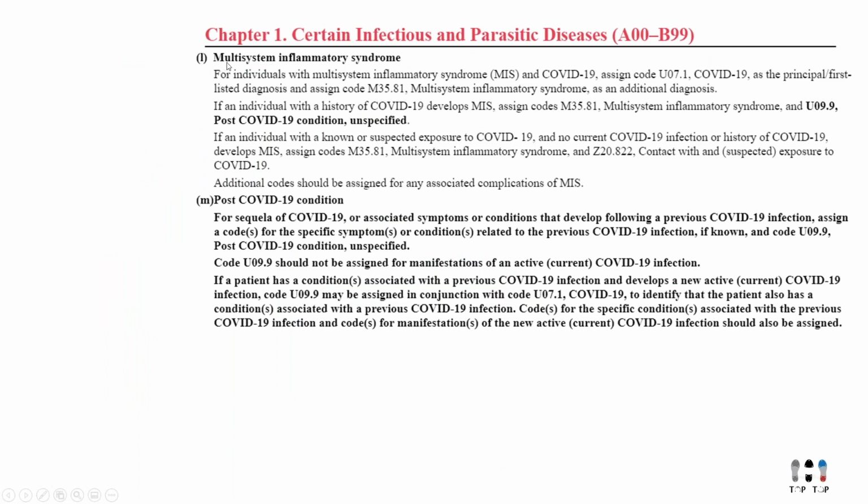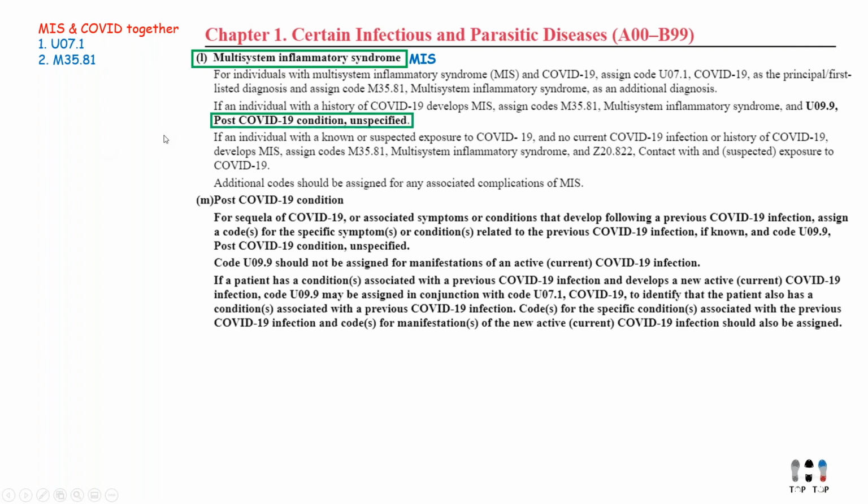Now we're going to talk about multi-system inflammatory syndrome. All right, so that could occur in COVID-19 patients. If a patient has been diagnosed and they have COVID along with multi-system inflammatory syndrome, you're going to sequence first COVID, followed by your M35.81. All right, for multi-system inflammatory syndrome. There's your guidance.